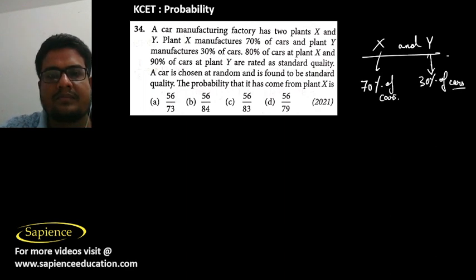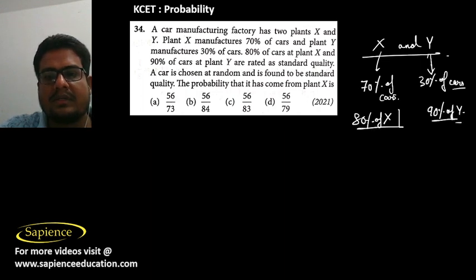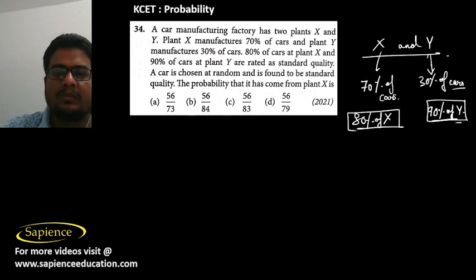A car is chosen at random and is found to be standard quality, then the probability that it has come from plant X is.